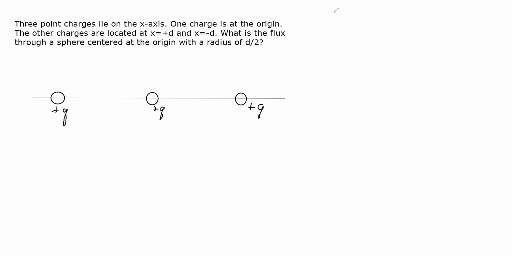So I'm going to make a sphere here, my Gaussian surface. Let me pick a different color. That's pretty close. Okay, so there's my Gaussian surface at d over 2. Right, so that's my radius here.